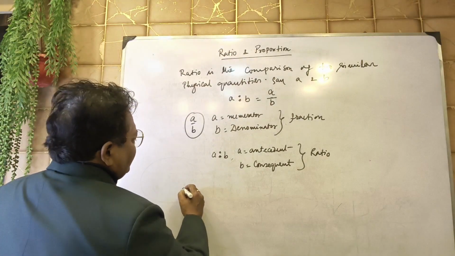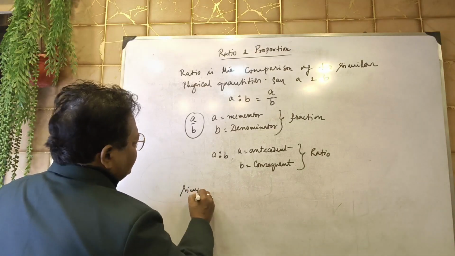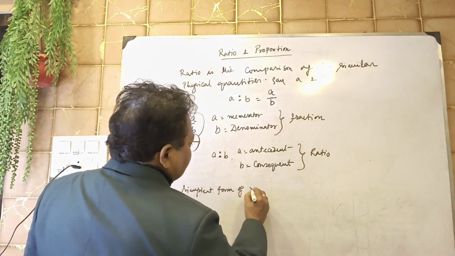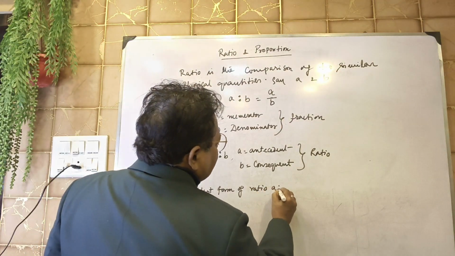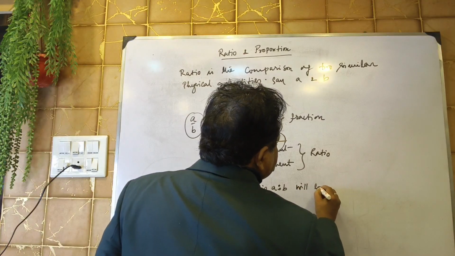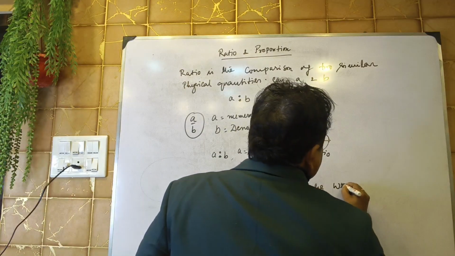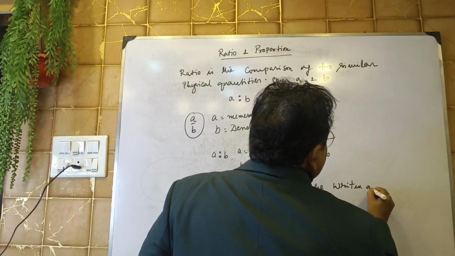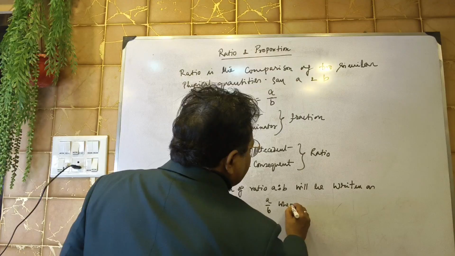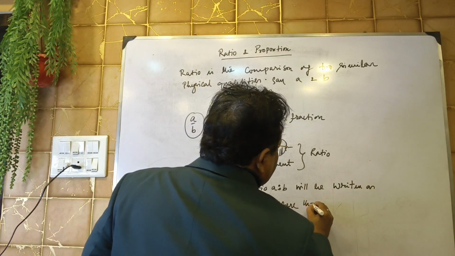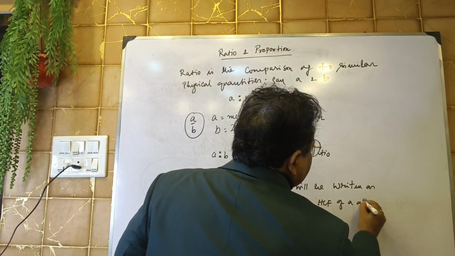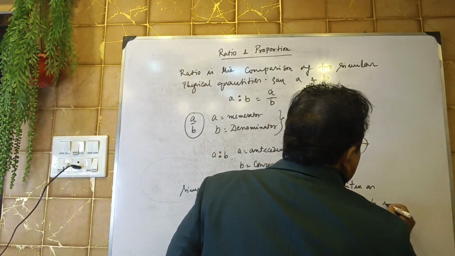Now, simplest form of ratio. The simplest form of ratio A is to B will be written as A by B, where the HCF of A and B is 1.